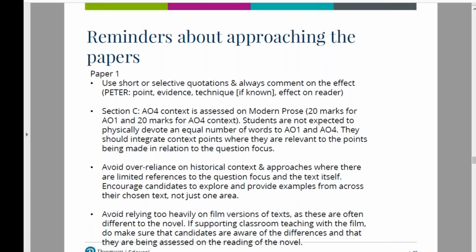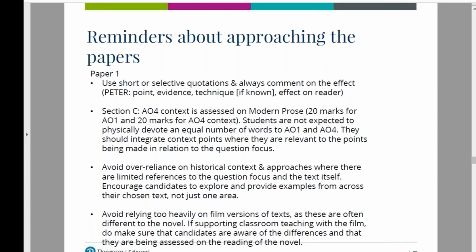So the message is, we're not expecting half of the essay on AO1 and half on AO4, and also do encourage students not to over rely on historical context, and end up with an essay which is more about context and doesn't have much in it about the novel itself. So the feeling after having read it is more that this is an essay on the context. It's not an essay about the text itself.